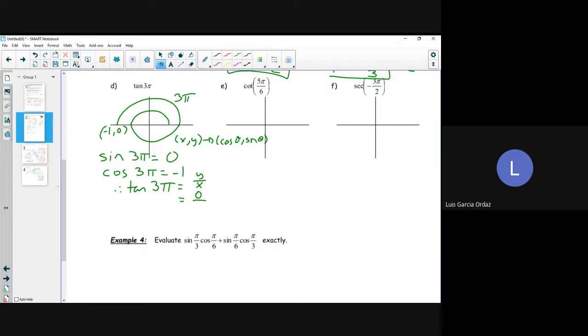And we know our x is -1 because cosine gives us -1, which means tan of 3 pi is equal to 0.